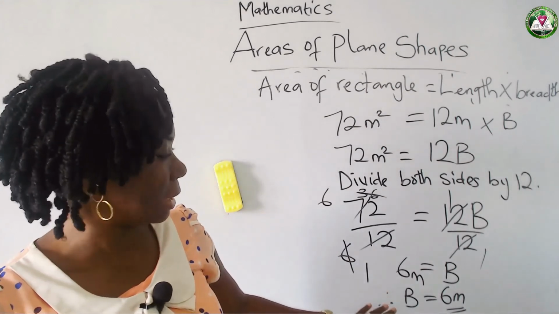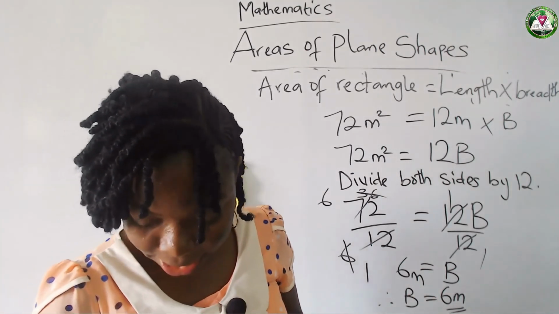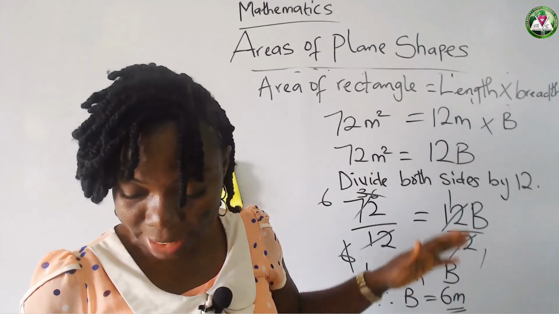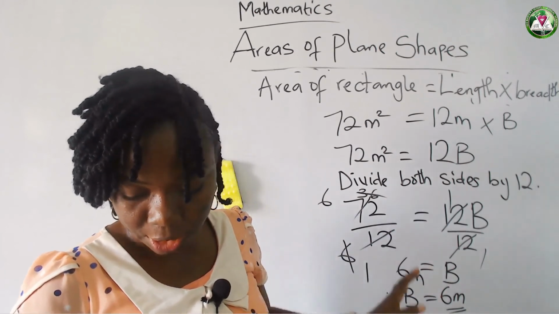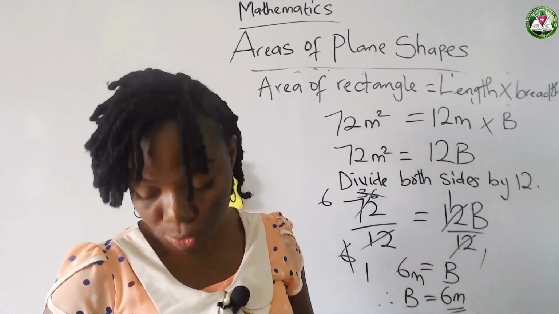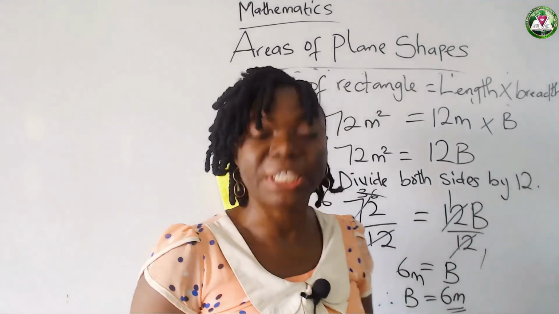We have found that the width is 6 meters. I hope you are following. Just look at the examples carefully. You will understand it. Now I am going to give you an assignment that will keep you busy at home.